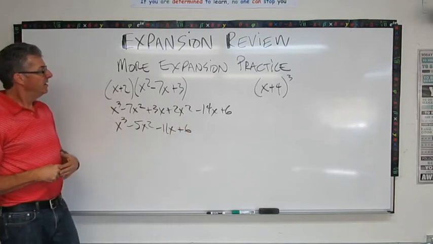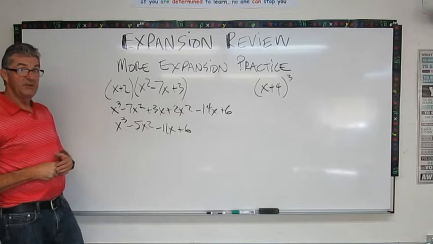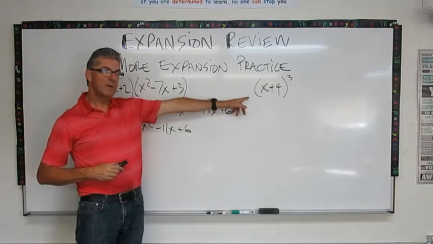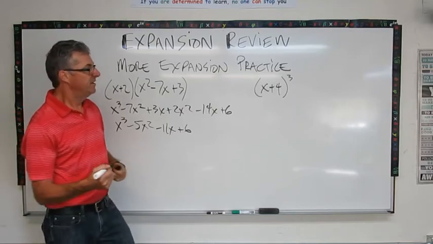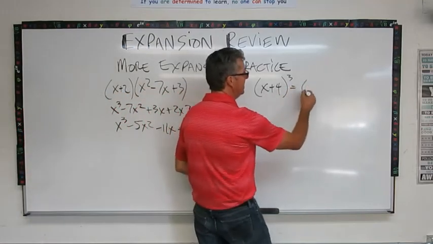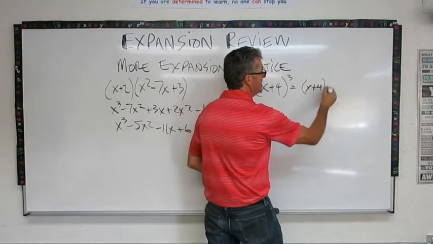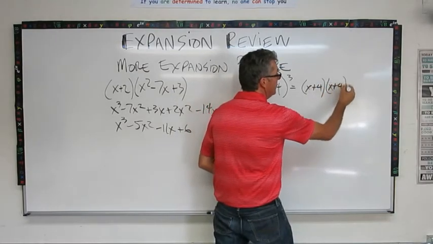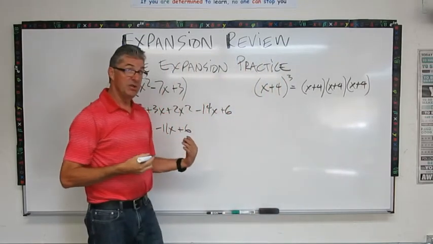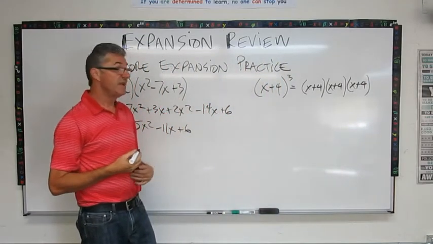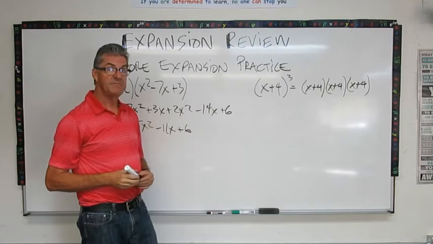Okay? So what I'd like you to do is try that one. A little more complicated. Pause the video. Okay, let's see how you did. Remember that this is x plus 4 times x plus 4 times x plus 4. Now, if you couldn't get started on that one, pause the video now and see if you can finish it with that.